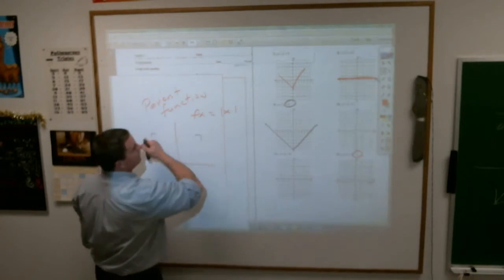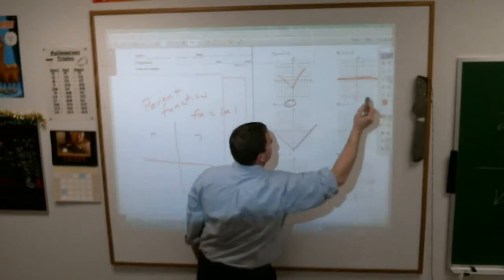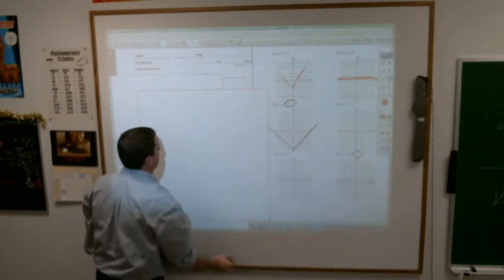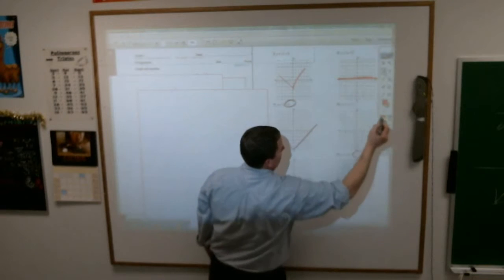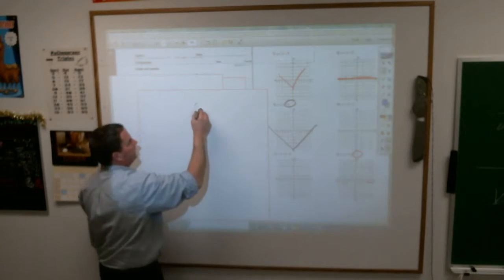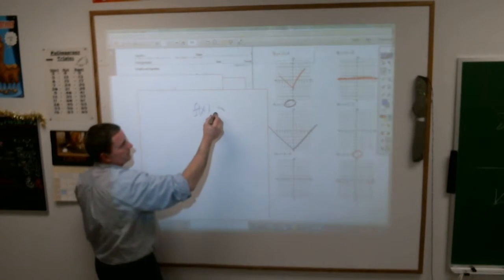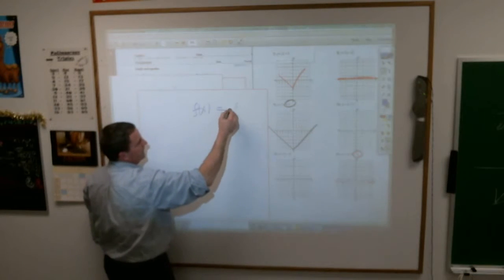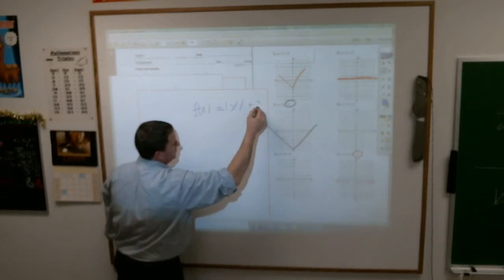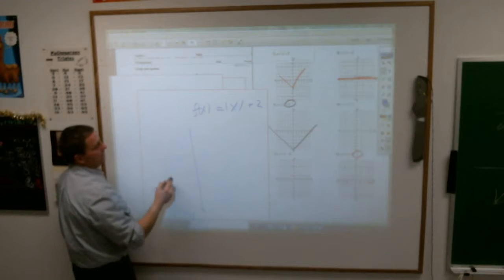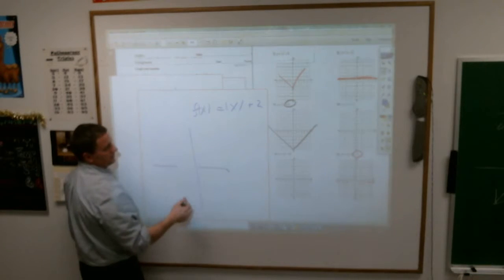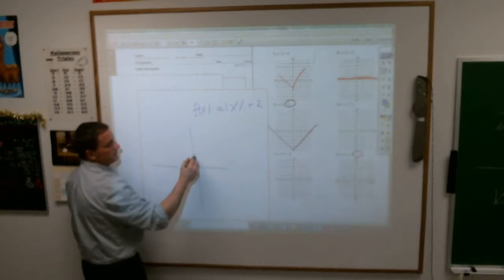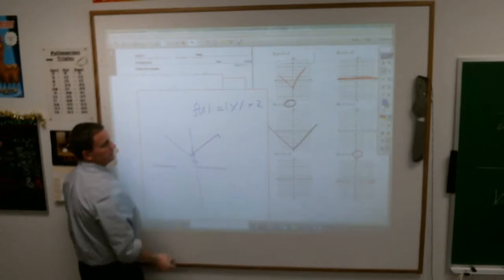Let's just do a parent one here. If you have f of x equals the absolute value of x, plus 2. Right off the bat, the graph is just this. Right here at positive 2 is your line.